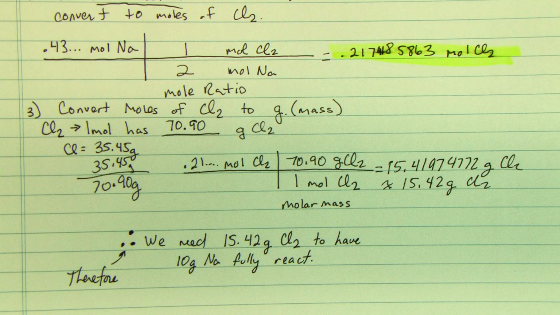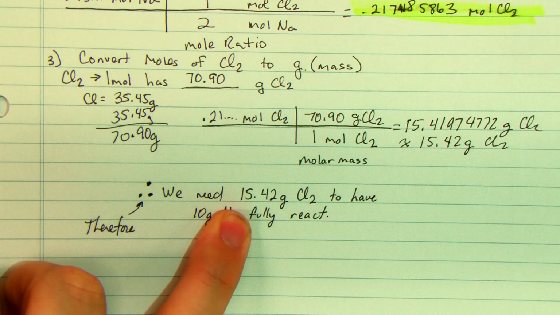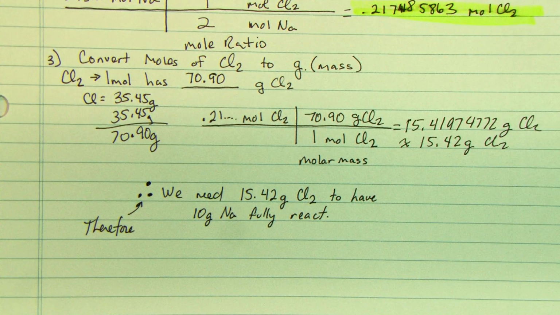And you're able to figure out how much of this substance, chlorine, that we need in order to make this reaction work. Now, if we go into the lab, we know exactly how much sodium we need, exactly how much chlorine we need, put them together, and what we're going to get is sodium chloride, and that 10 grams of sodium is going to be used up totally.